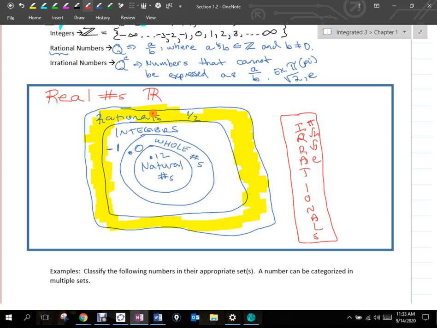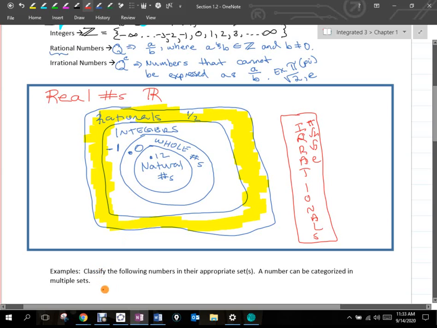So when I ask you something like, determine what kind of number is 2/3, I need to find the smallest subset it belongs to. So I work from the outside in, and start looking down, where does it belong? 2/3 is here, right? It's not an integer, it's a rational number, correct?